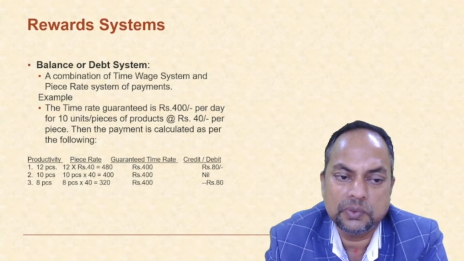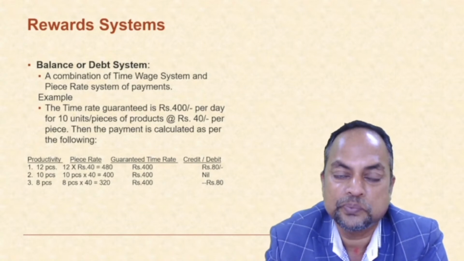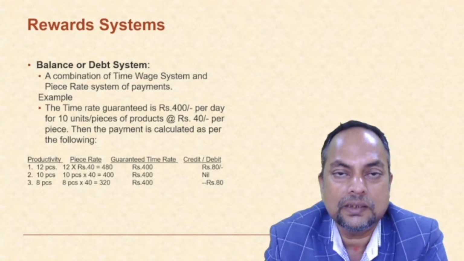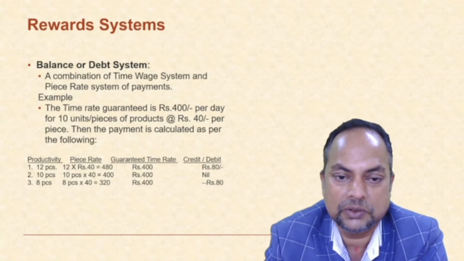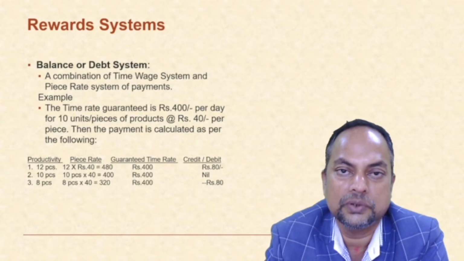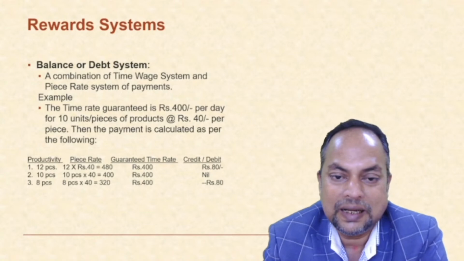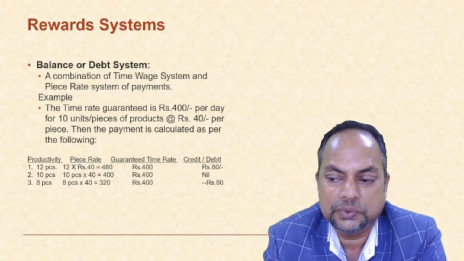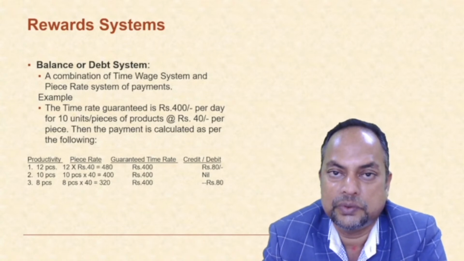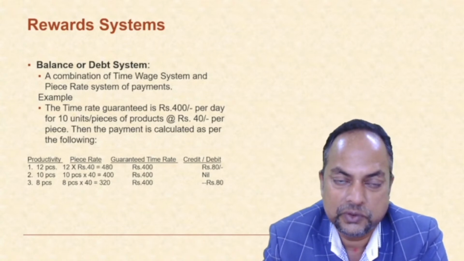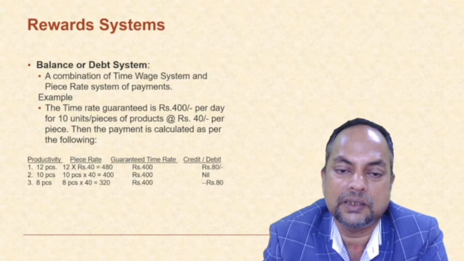So the employee is liable to get rupees 480 if he is producing 12 units. But the guaranteed time rate says the minimum the worker should get is 400 rupees. So the additional 80 rupees gained by the worker is credited to the worker's account.